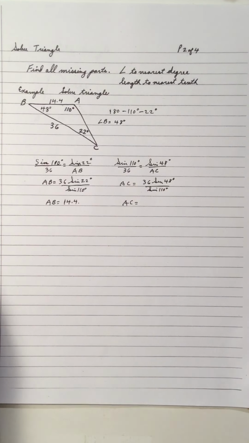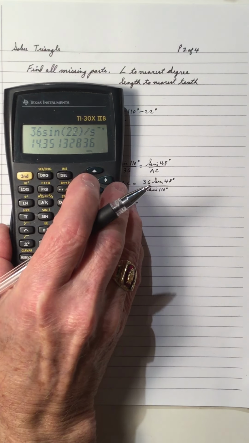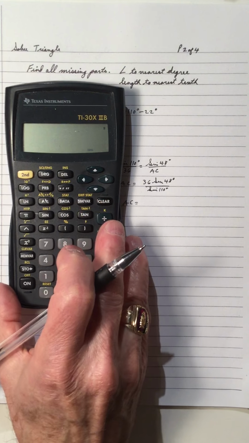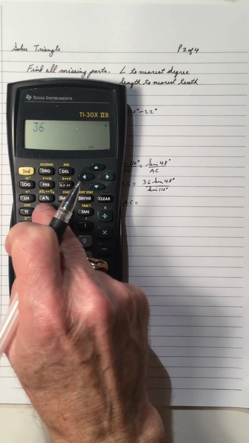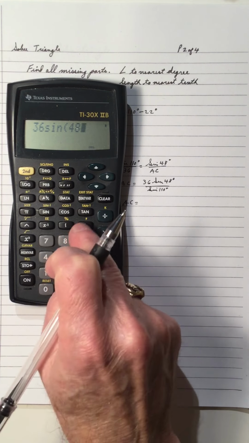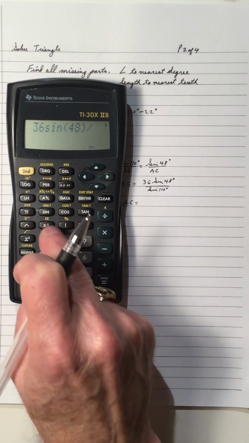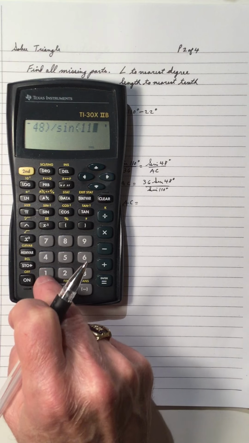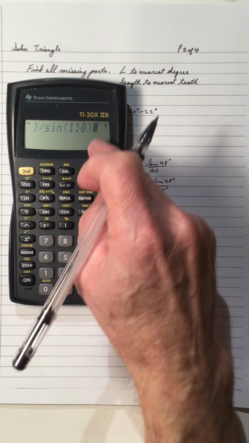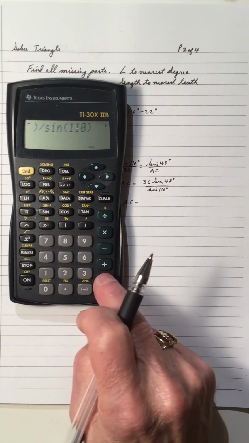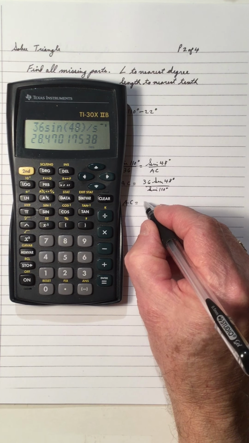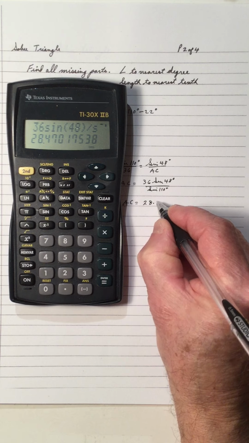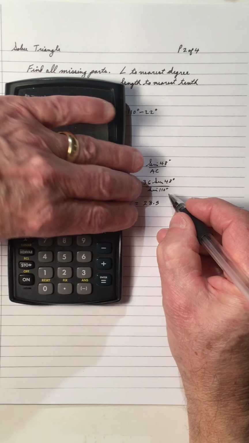We plug that in our calculator, clear the calculator, and we have 36 sine 48 division sine 110. Notice I close that angle off there with the bracket, and that gives us 28.47, so that's 28.5.